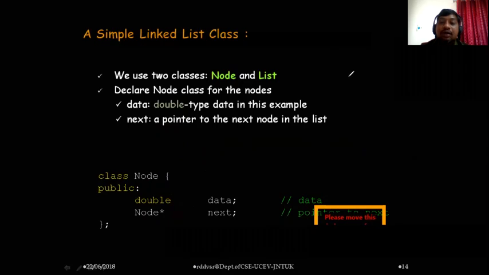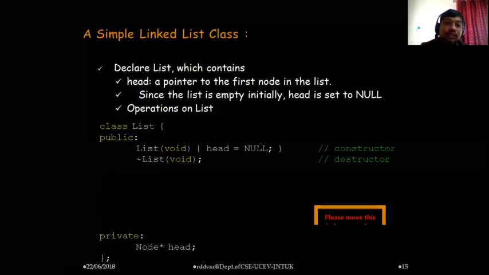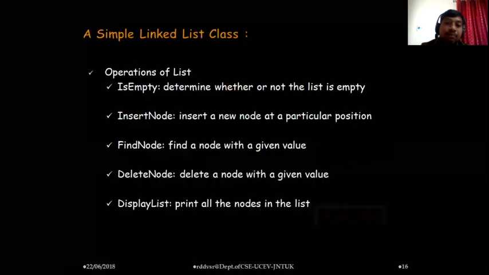So what are all the operations that we can perform on a linked list? We can perform these operations: isEmpty operation, insert a new node, finding a particular node, deleting a node, display the entire list. So we can check whether the list is empty or not.